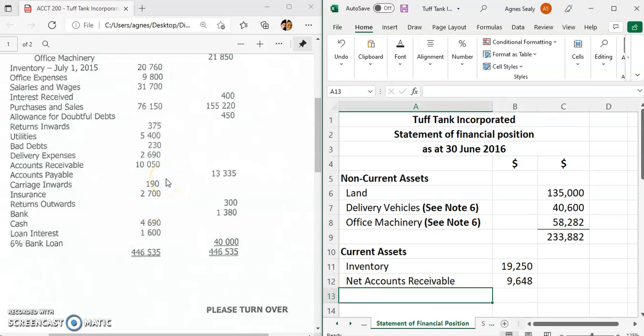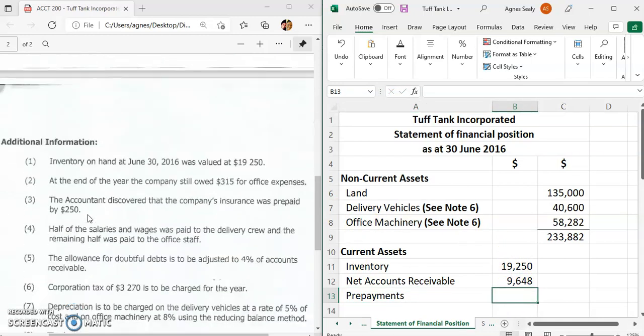Then we will continue with our other information for the statement of financial position, like our prepaid expenses. Now, when you come to do your prepaid expenses, if you had multiple prepaid expenses, you will not enter those separately. You would take all of your prepaid expenses and add them together and just call them prepayments. But in this question, we don't have multiple prepayments.